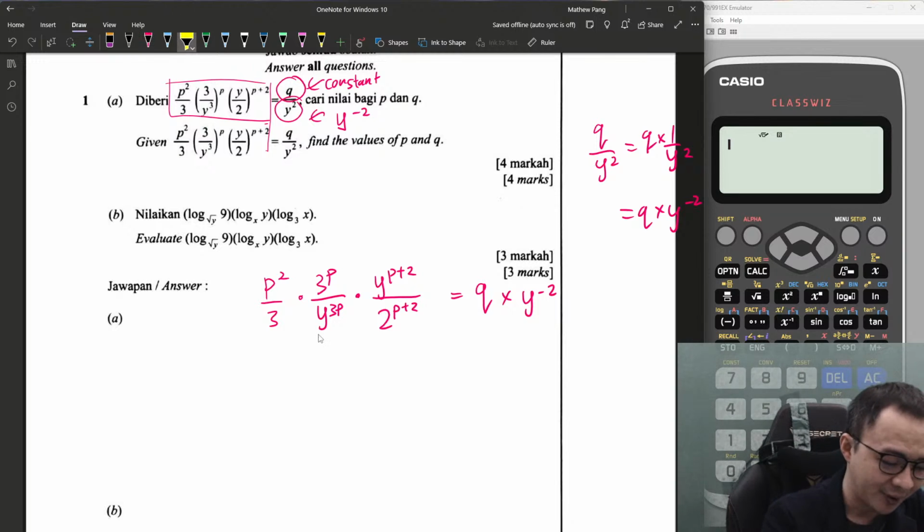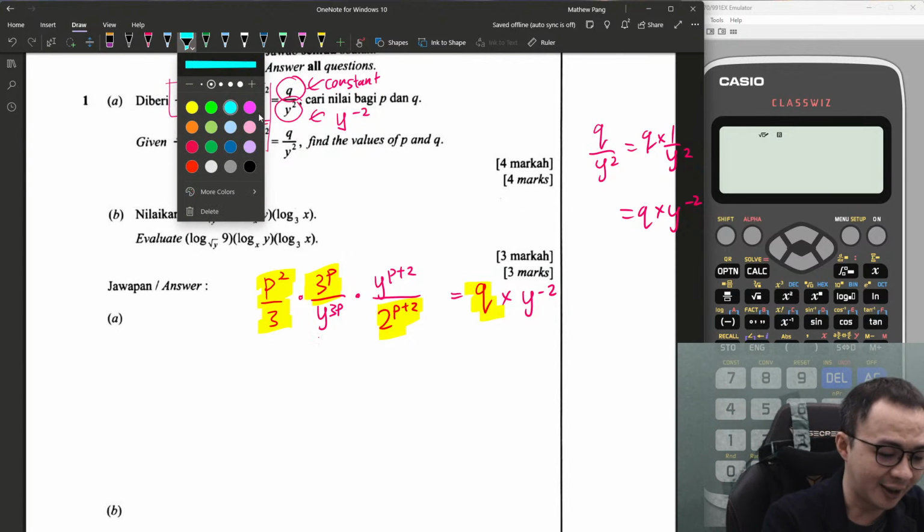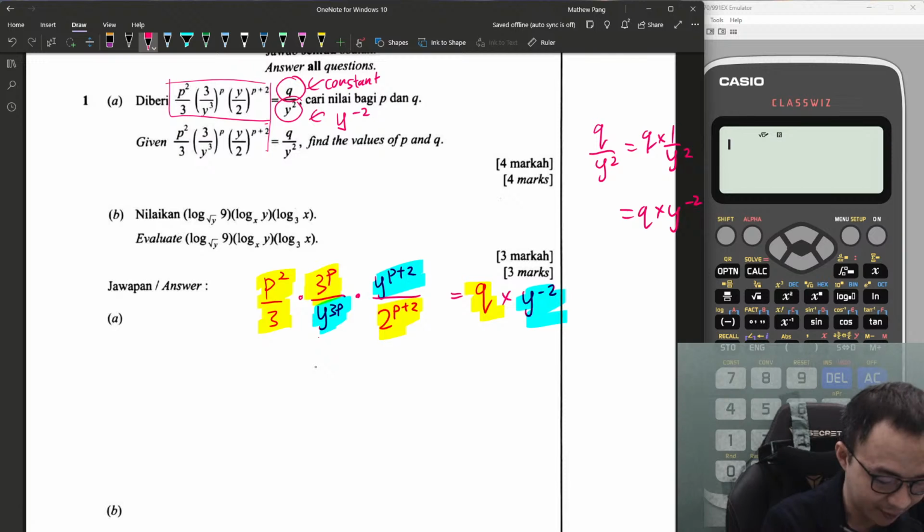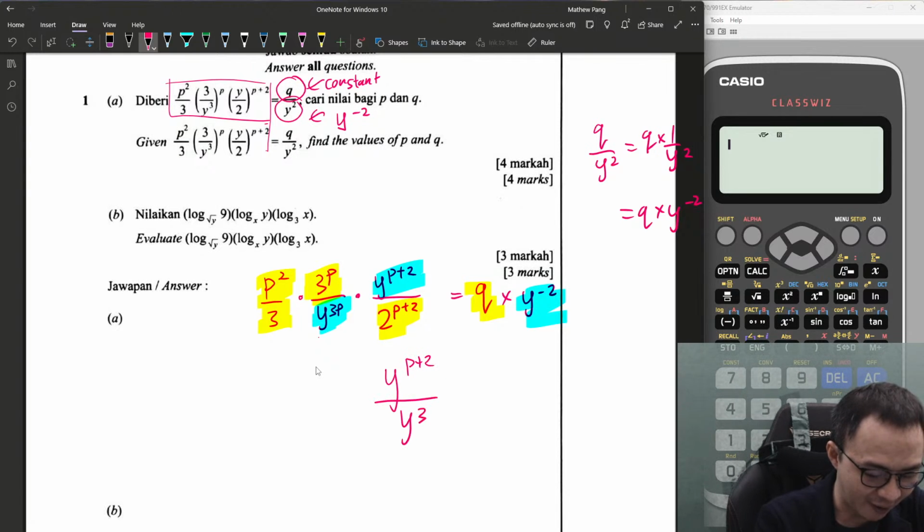Now all the constants will lead to the constant, and the Y powers will lead to the Y power. I hope at least you get some idea. Still a bit challenging, so we solve the Y first. Y power of P plus 2 divided by Y power of 3P equals to Y power of -2.